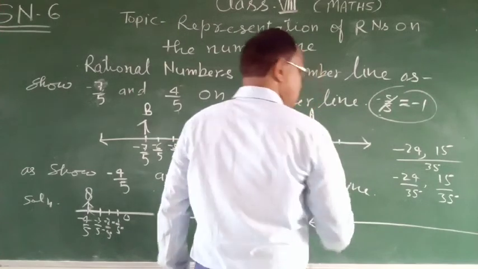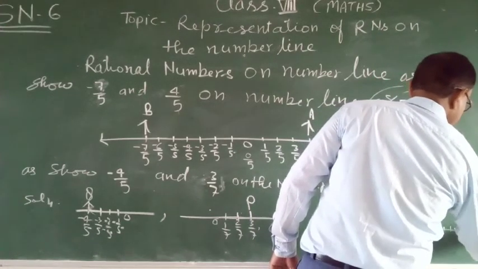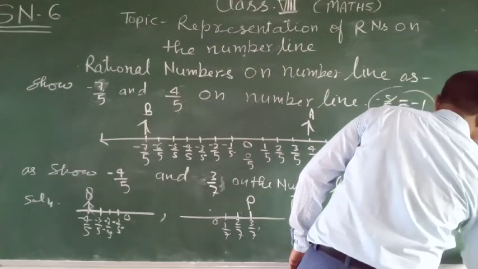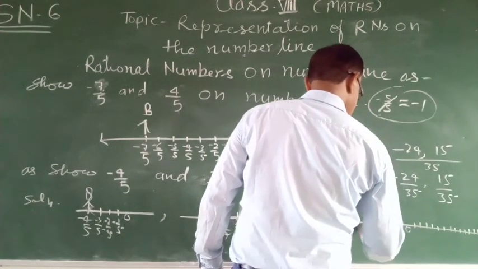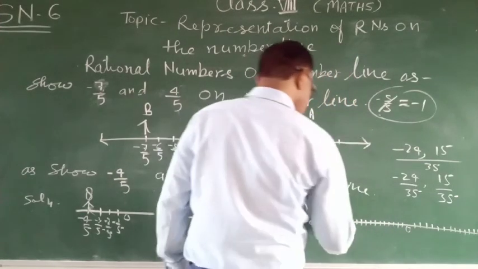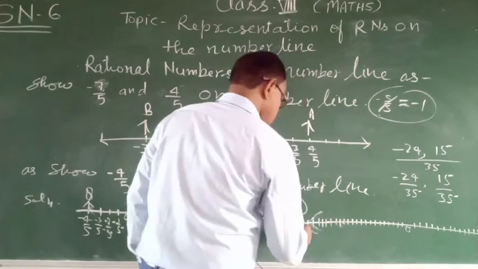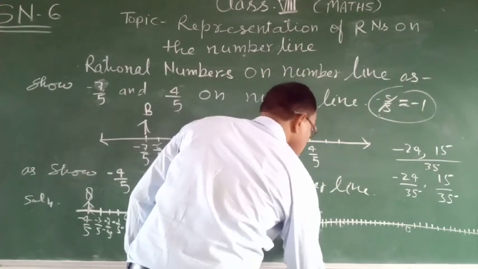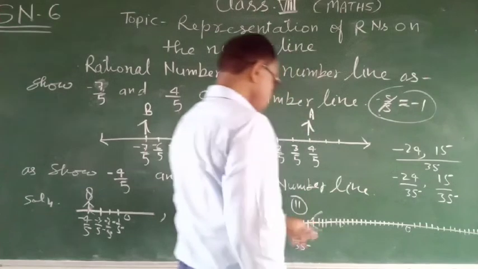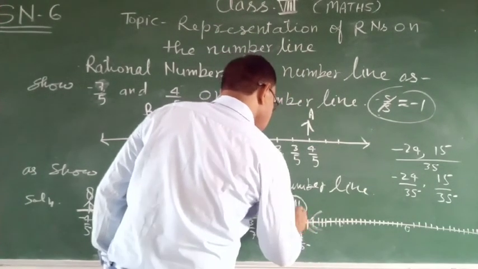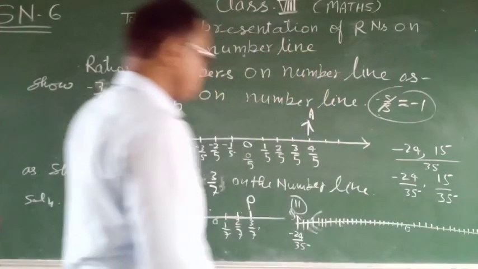We count 1, 2, 3, up to 15, here 15 by 35, and then up to 24, here minus 24 upon 35. We show it on the number line by this method.